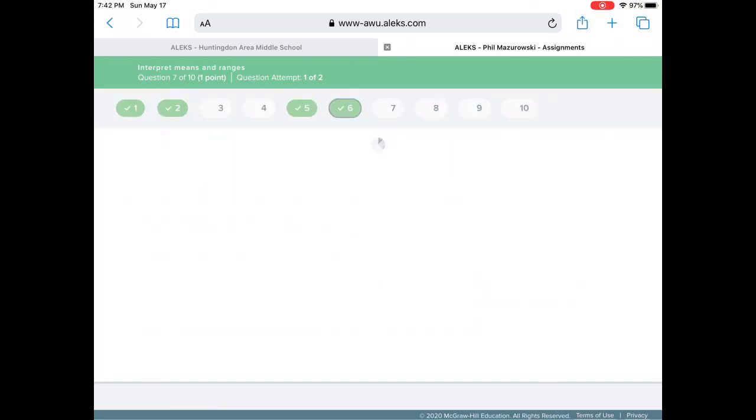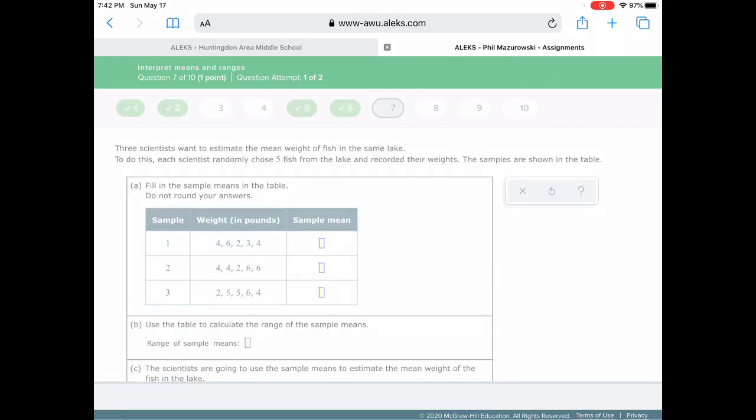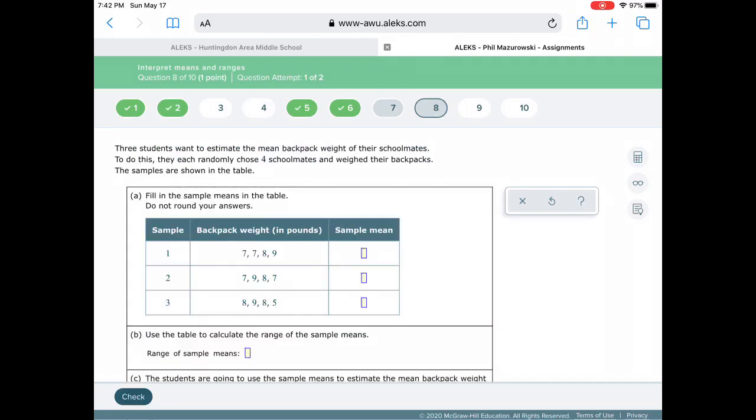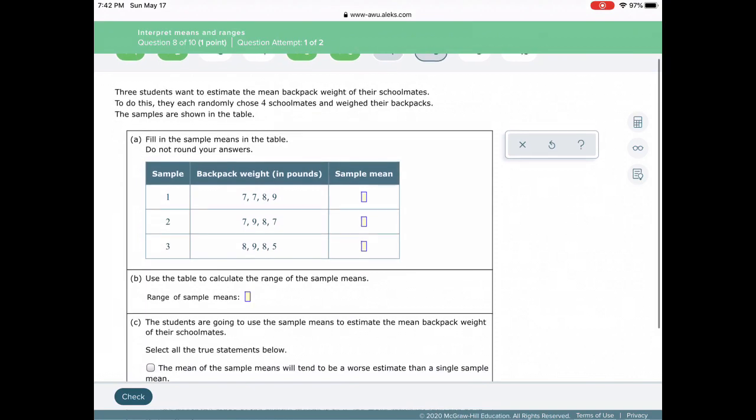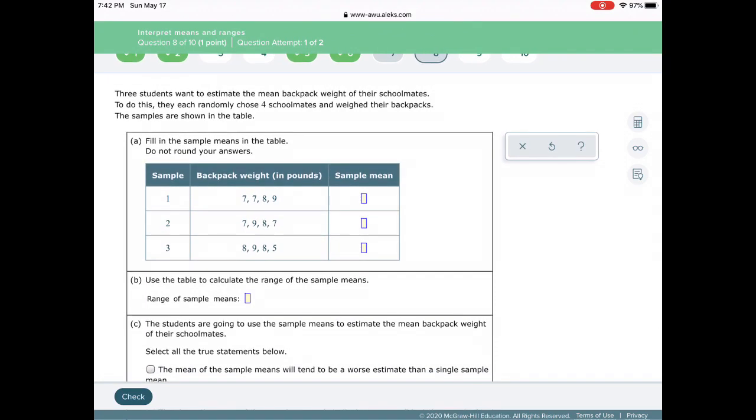All right, now let's get into the questions of, what do these really mean here? Okay. What do they mean? No pun intended. So 3 students want to estimate the mean backpack weight of their schoolmates. To do this, they randomly choose 4 schoolmates and weigh their backpacks. So they're going out and getting some data. They're taking samples here.